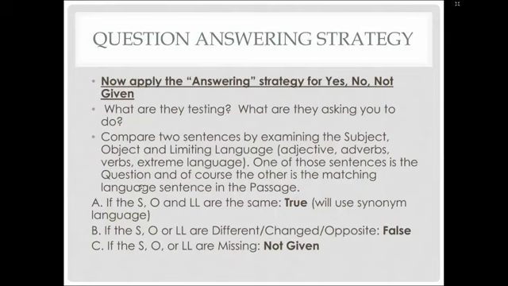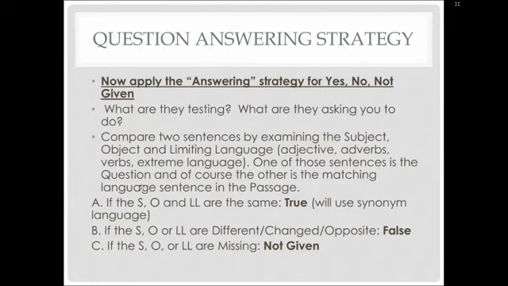Where you see where it says A, if the subject, object, and the limiting language are the same, then you will put true. So that means when you compare both sentences, if the subject, object, and the limiting language are the same, they may use synonyms, but if they all have the same meaning, then you will put true.